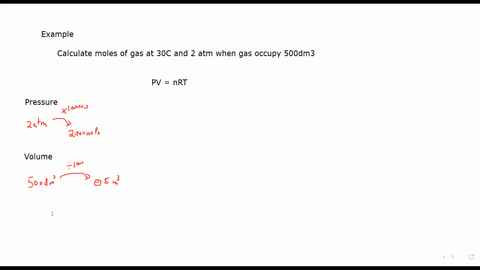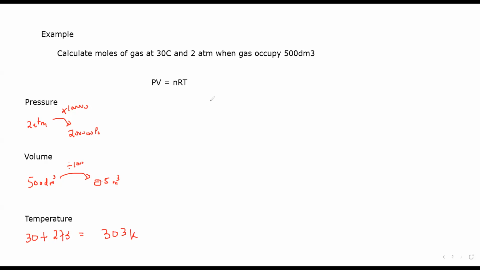R is the constant, having a fixed value of 8.31 joule per mole Kelvin. And T is the temperature, which is 30 degrees centigrade. To convert into Kelvin, we add 273. So 30 plus 273, we get 303 Kelvin.